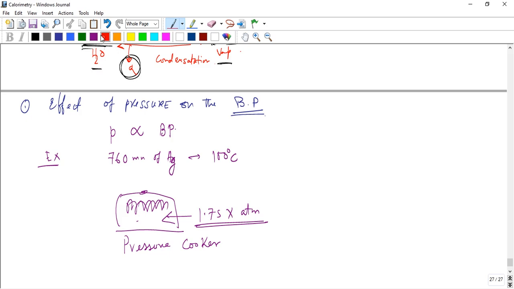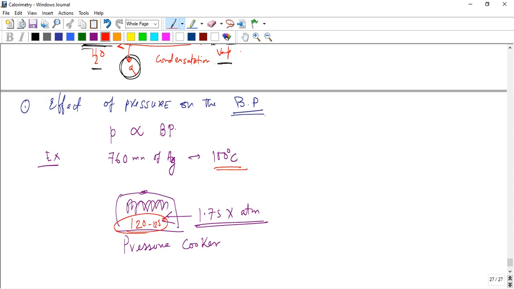So approximately, outside the boiling point is 100 degrees centigrade, but inside the pressure cooker we get almost 120 to 125 degrees centigrade. So less time is taken for cooking. That's why a pressure cooker is very efficient.